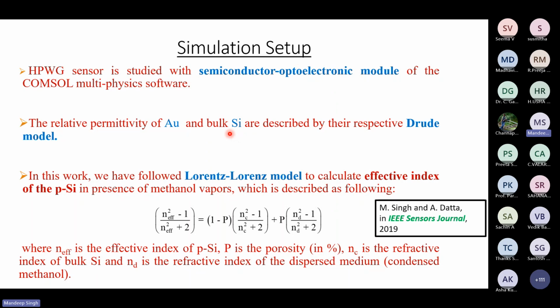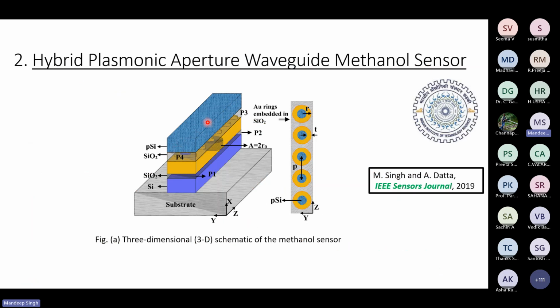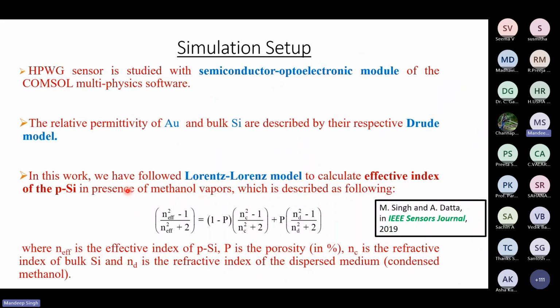That is for bulk silicon, but there is a porous material like porous silicon, and when the analyte interacts with the porous material, its effective index will change. So we have to use some mathematical model, like the Lorentz model, for the design of this structure.